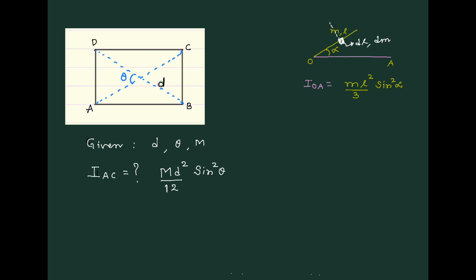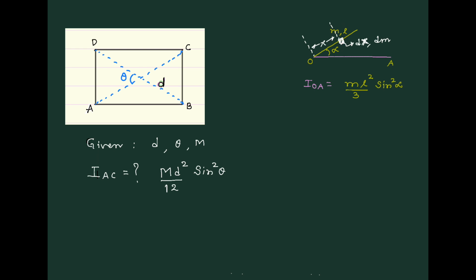L is a fixed value, and the location of this element is at distance x from O. So this mass dm, which is of very small length dx, its moment of inertia about this OA will be, let us see, this height will be x sine alpha.